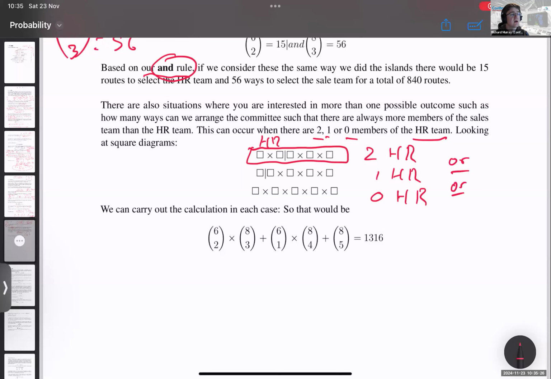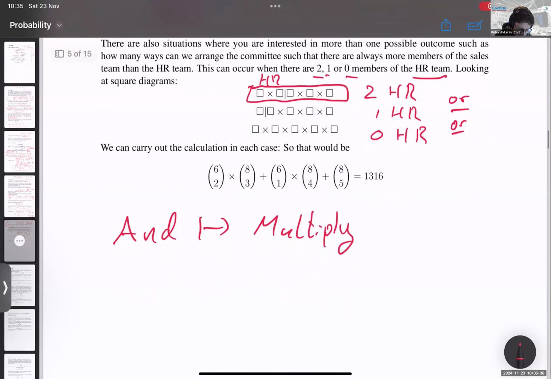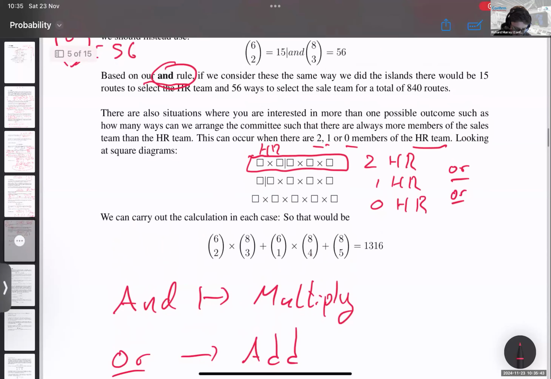So this is introducing the other part of probabilities. So we had our AND rule, which meant multiply. This is introducing our OR rule, and this means to add. So first we calculate out this case, then we calculate out the next case and the last case, and we just add them together. So we'd have 6 choose 2, 8 times 8 choose 3, which is our first case.